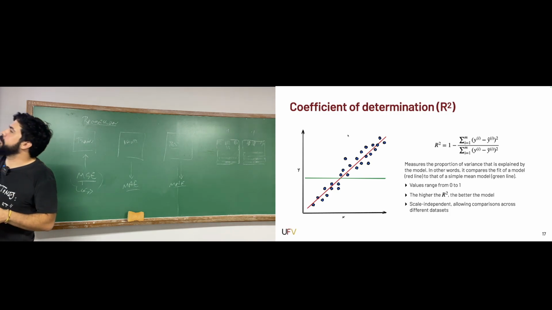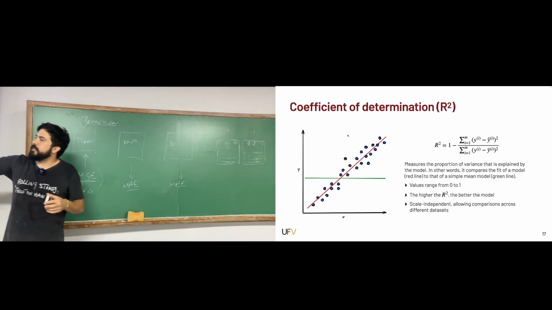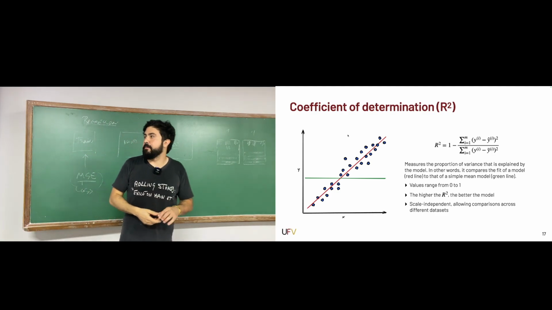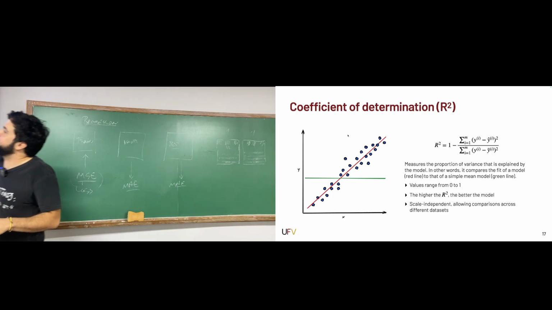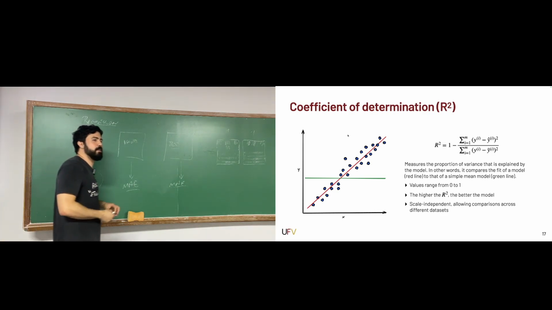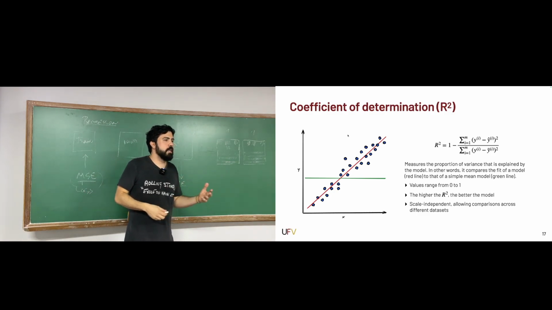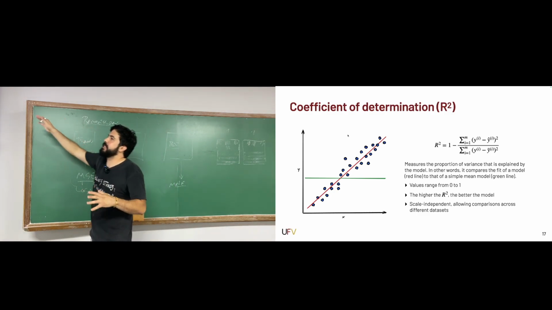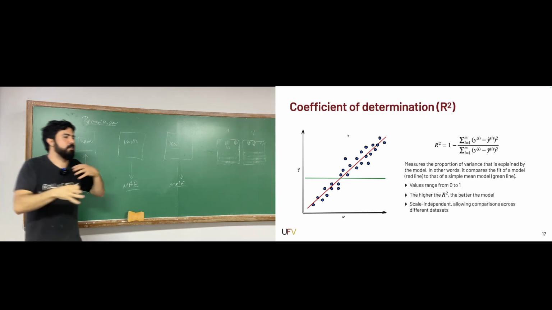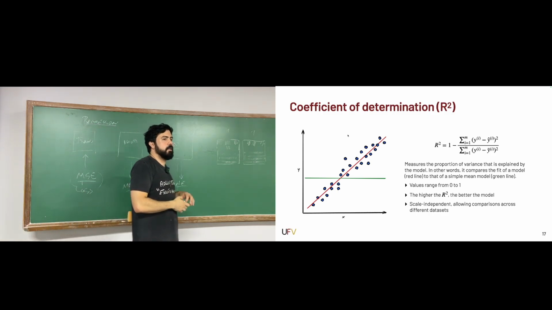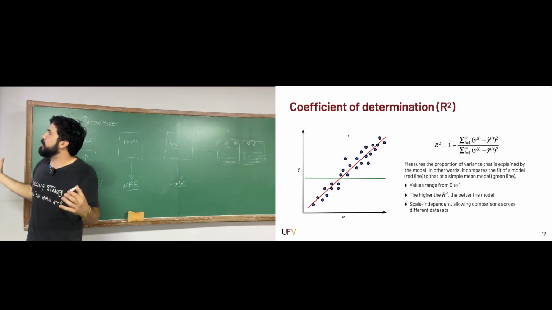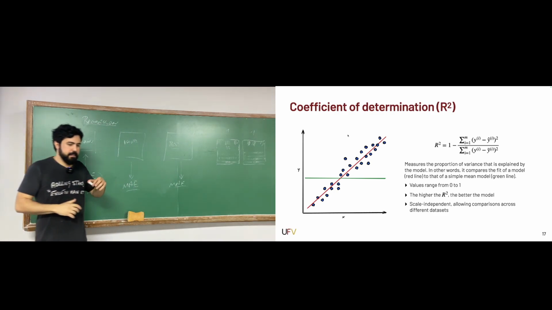We have a bunch of data points, and this red line is a model that we fit to the data, and the green line is just a model that predicts the average, always. So always predicts the same value, which is the average. So what this metric does, it compares the model you fit to this average model.